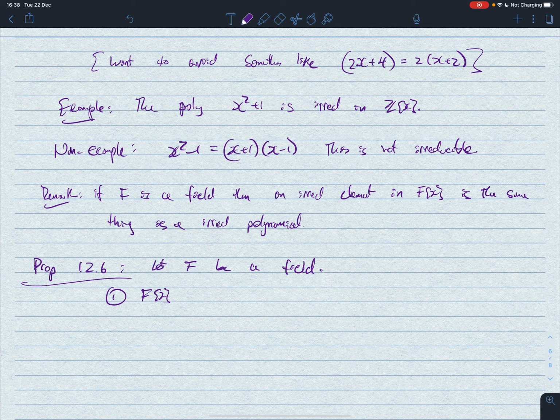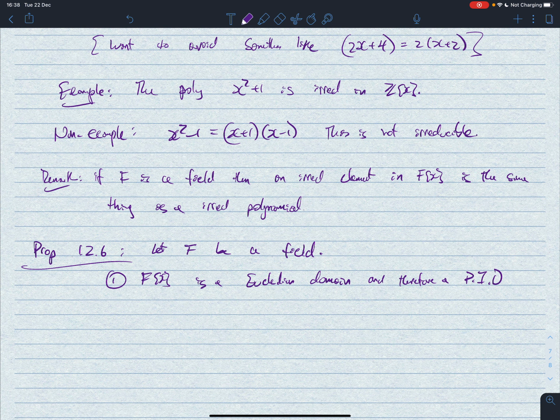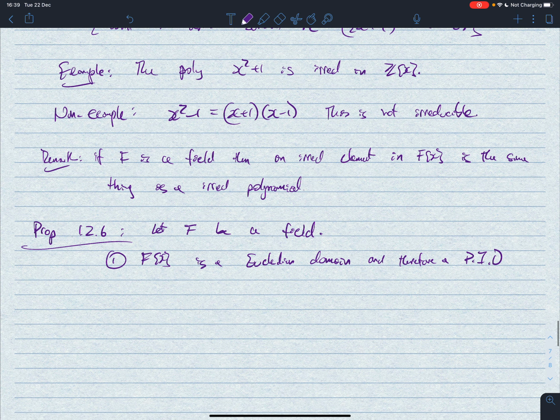F of x, the polynomials in x with coefficients in F, this ring is a Euclidean domain, and therefore a principal ideal domain. This is a Euclidean domain because you can do polynomial long division, and this gives you a Euclidean algorithm. You can divide polynomials by another, and you can check that the remainders get smaller, that the degrees get smaller as you go along.